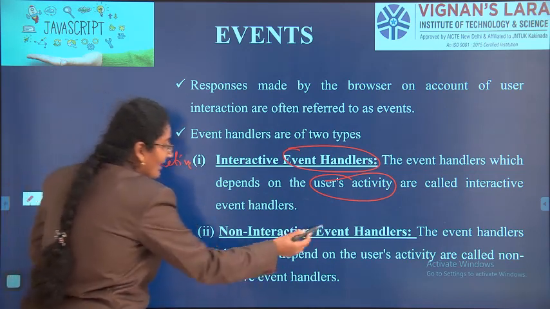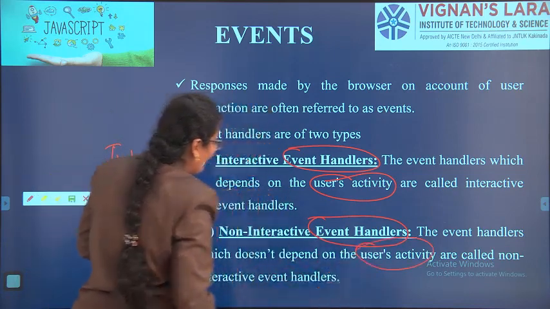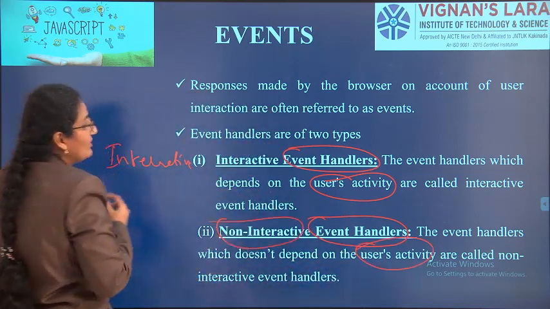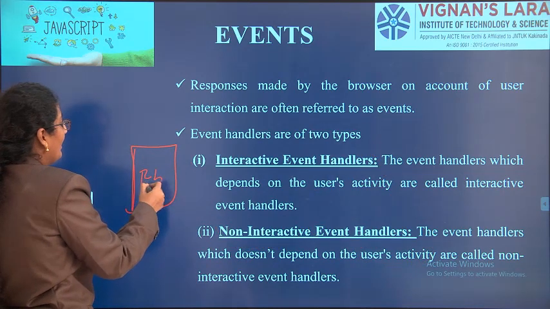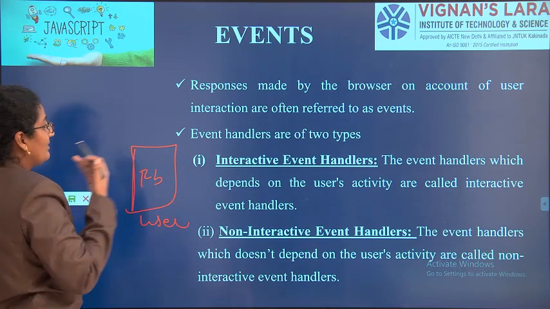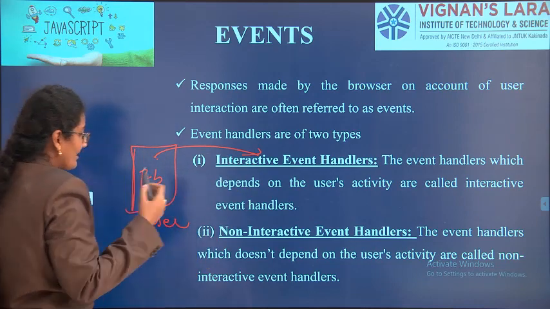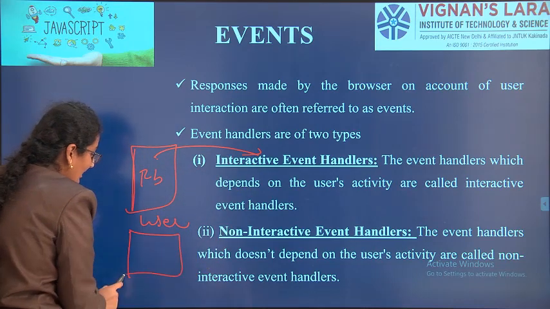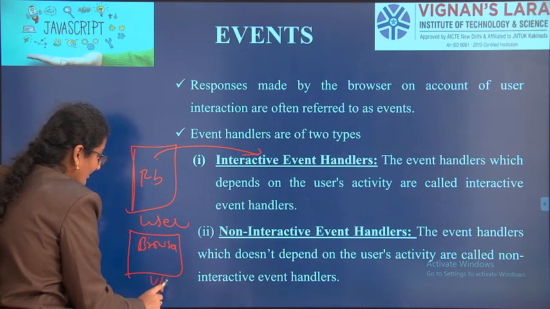The event handlers which do not depend on user activity are called non-interactive event handlers. I have opened the Facebook page and I am the user. If this reacts depending upon me, then it is an interactive event handler. I have opened some website. This is the browser and I am the user.